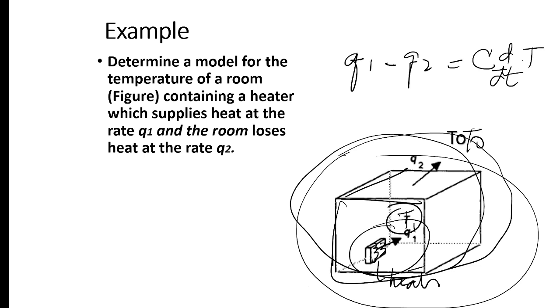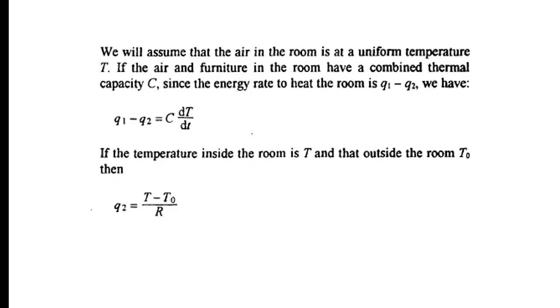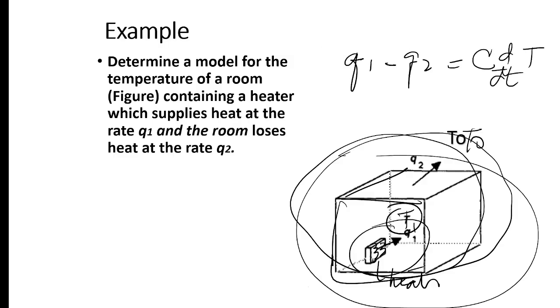Now, you can define Q2. How do you define Q2 in terms of this so that we can substitute here later? So Q2 is delta T over R, and the delta T should be coming from here.